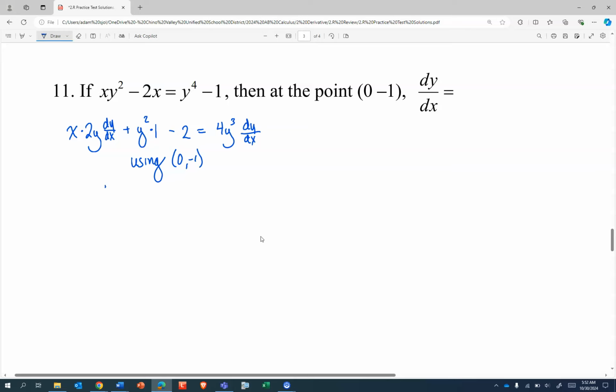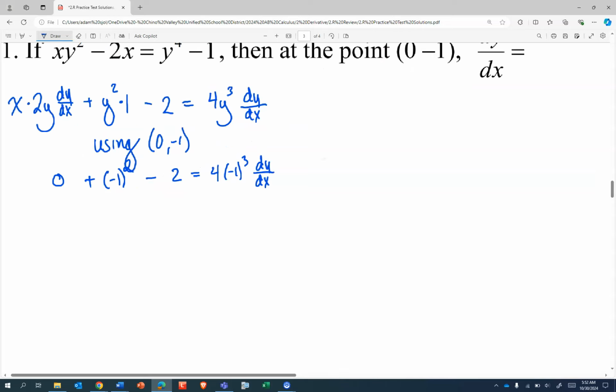So this first term, I'm just going to write 0. I'm not going to bother substituting, because if the x is 0, the whole thing is 0. And then that's (-1) squared times 1 minus 2 is equal to 4 times (-1) cubed, and that dy/dx is what we're looking for.